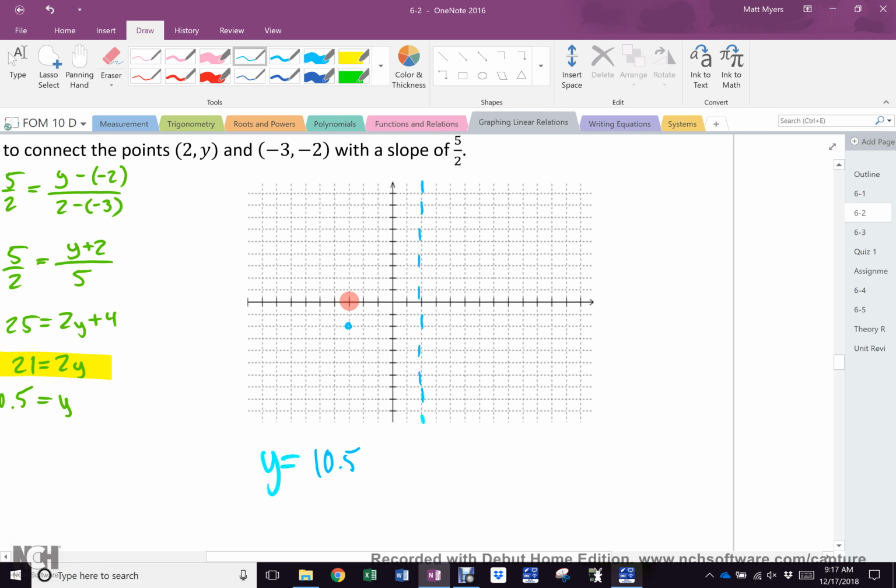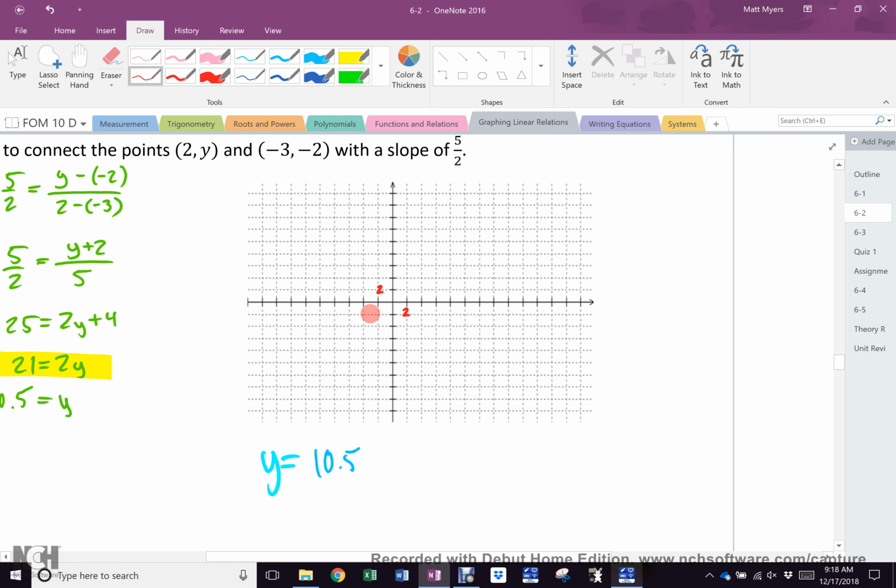Okay, so up 1, 2, 3, 4, 5 over 2. 1, 2, oh, dang it. It's off the graph, which means what must I do? No, I can't go the other way, or I'll still go off the graph. I got to change the scale. I got to make each square worth 2. Now can I do it?